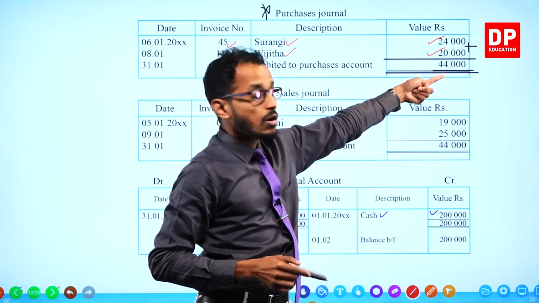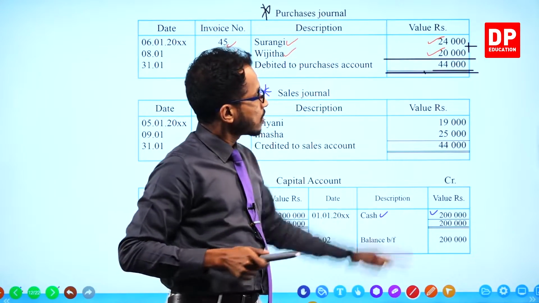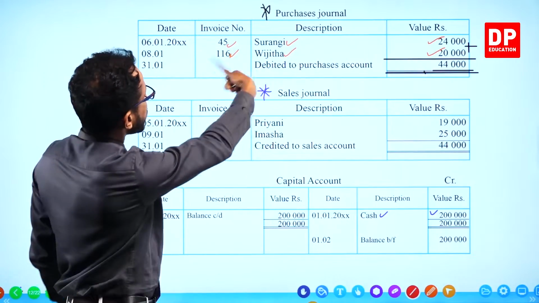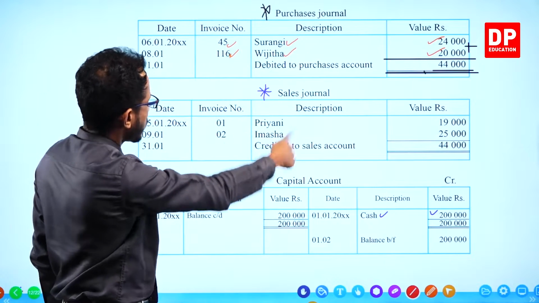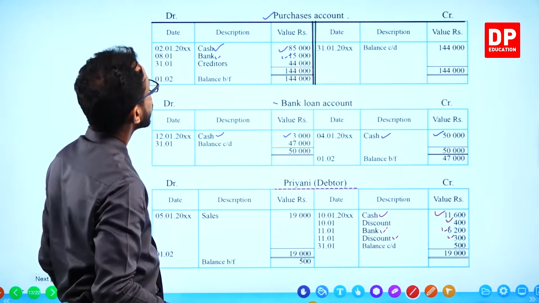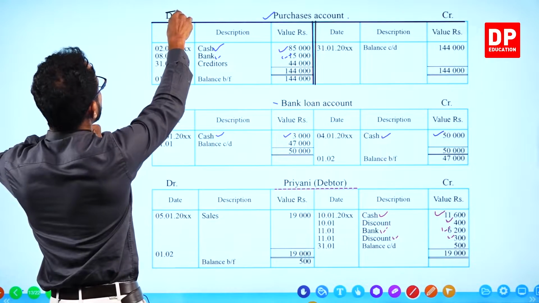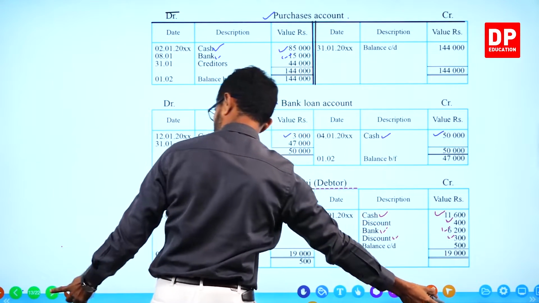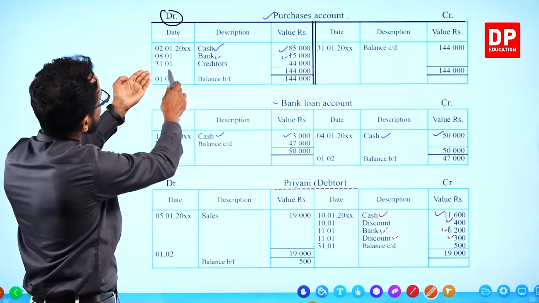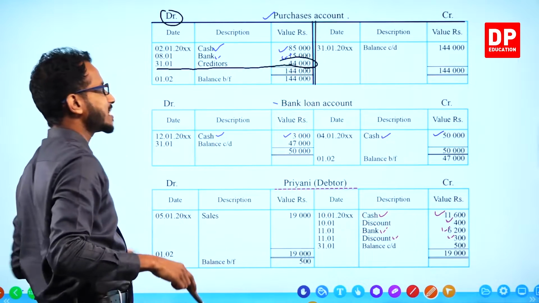Get the total of purchases for the month. Transfer this to the purchases account. Where is the purchases account? Where? It's not here. It's here. In the purchases account, debit side, saying creditors, it's here. 44,000 is entered.